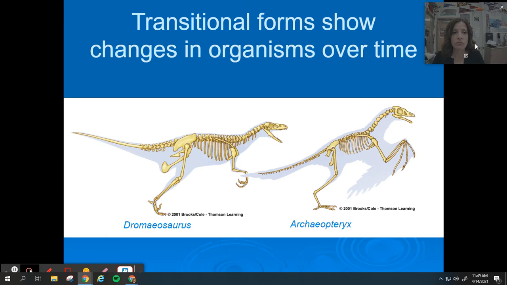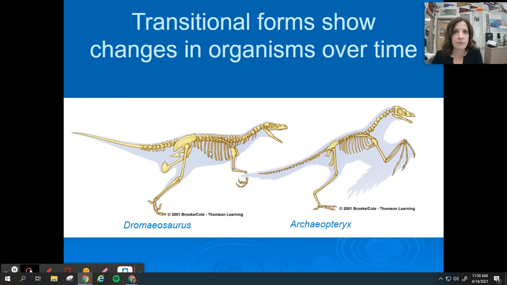So transitional forms show changes in organisms over time. So here you have one dinosaur, Dromaeosaurus, and then over time, it's evolving to an Archaeopteryx, which is a very famous fossil that they found. And so you can see how part of the hip bone is changing and how the tail, like the vertebrae, are going down, down, down, right?